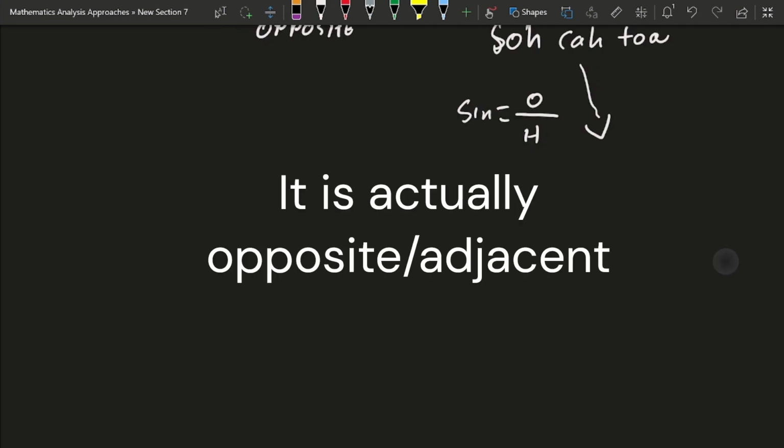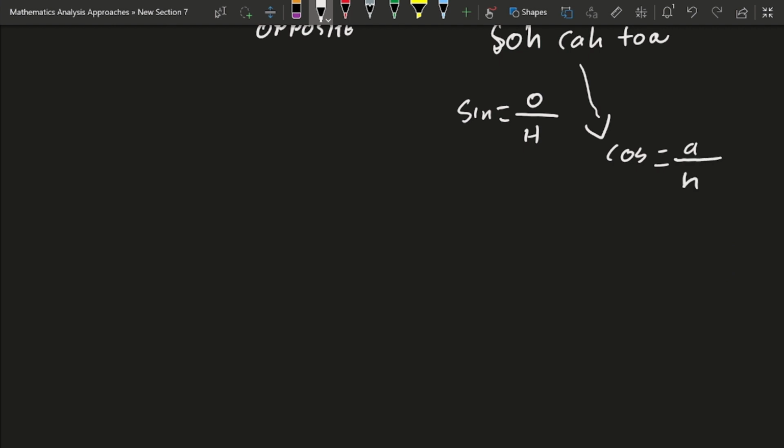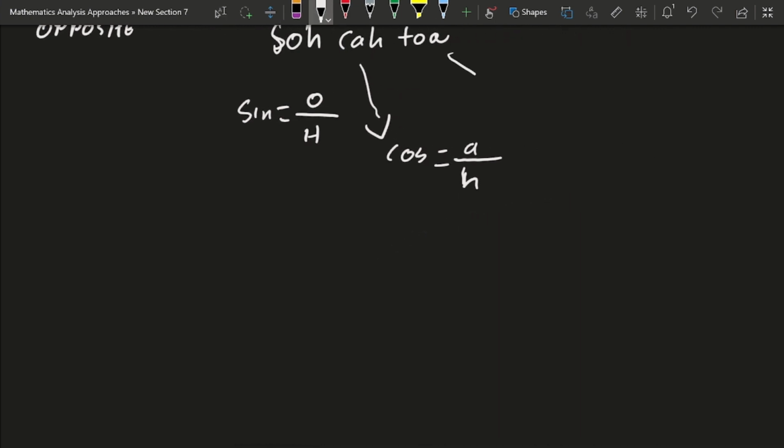CAH stands for cosine equals adjacent over hypotenuse. TOA stands for tangent equals opposite over adjacent.